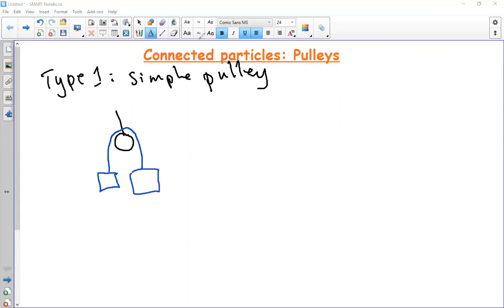The box on the left hand side has a mass of 2 kilograms, and the box on the right hand side has a mass of 5 kilograms.